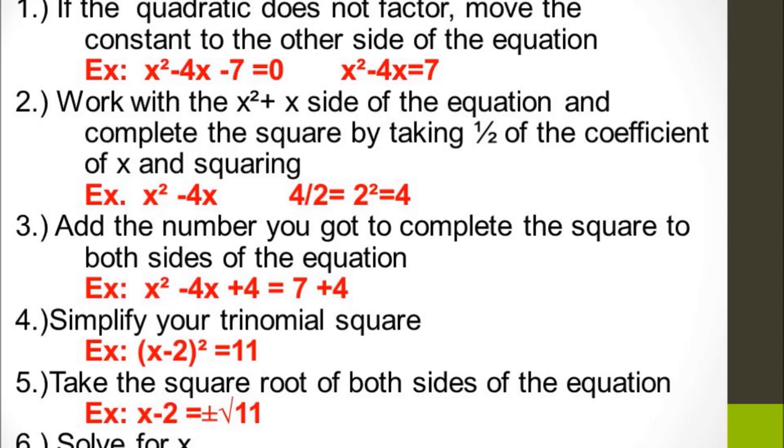The second step is to factor out the common factor from the x terms, so now you're set with these values. Then step 3, you divide the coefficient of the middle term by 2, then square it.